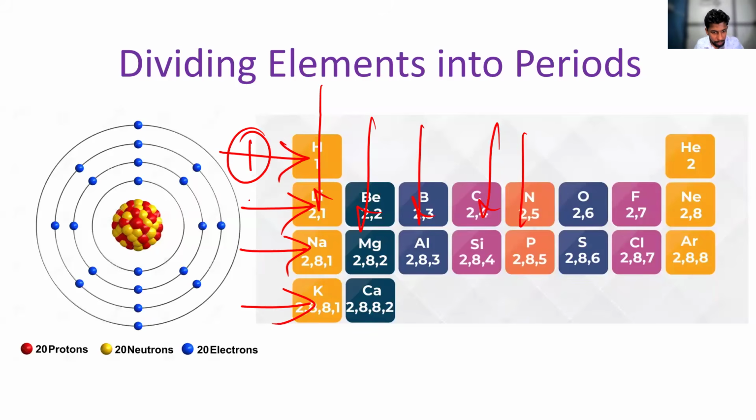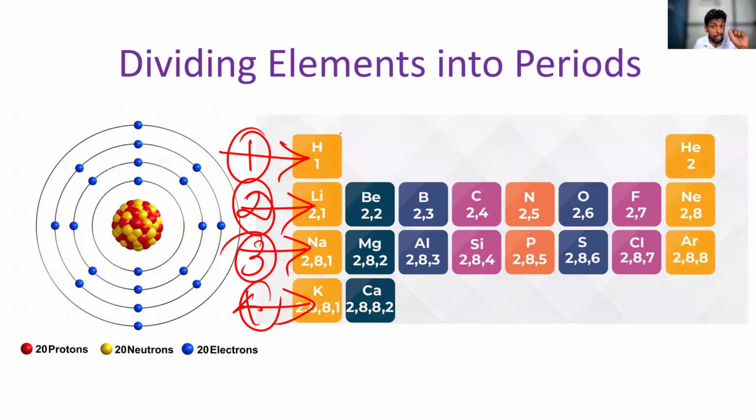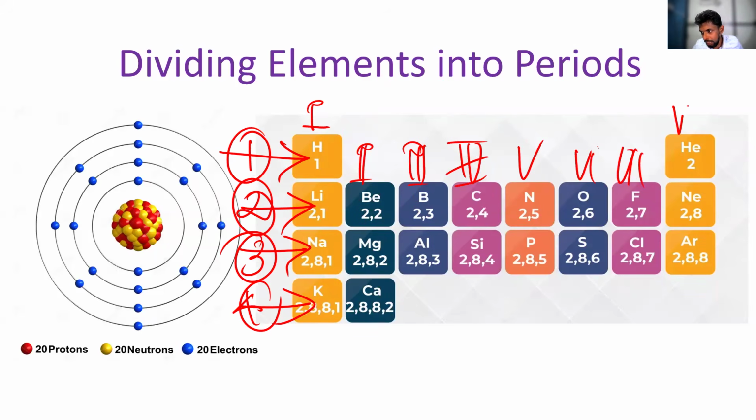Period number 1, period number 2, period number 3, period number 4. When writing the groups, it is better to write them with Roman numerals: first group, second group, third group, fourth group, fifth, sixth, seventh and eighth.